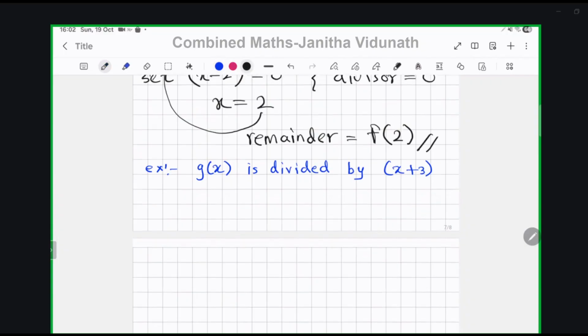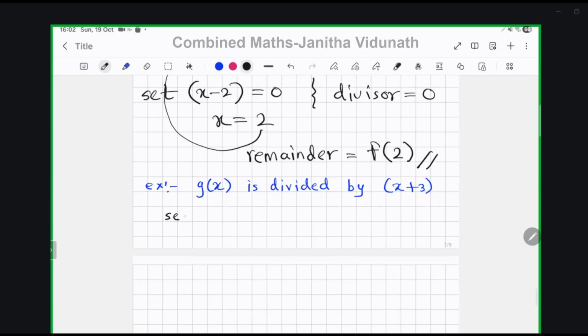The step is first we set our divisor x plus 3 equal to 0. From there we get our x value. That means x is equal to minus 3.